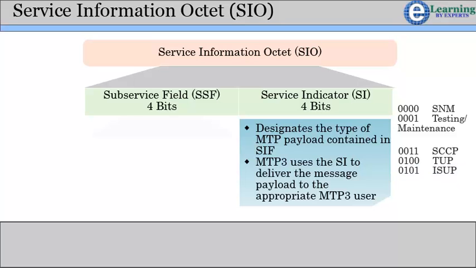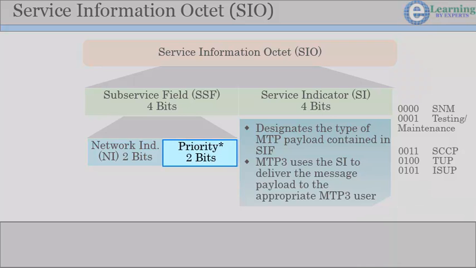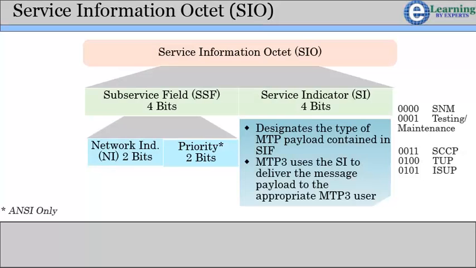The SSF consists of 2 fields, the network indicator, NI, and priority. The priority field is defined for ANSI networks, and is an option that may be implemented in ITU-T national networks. The priority bits are spare bits in ITU-T networks when not used for priority.